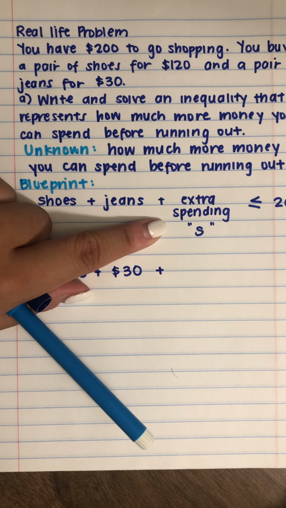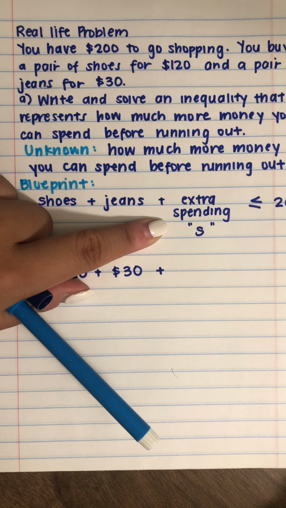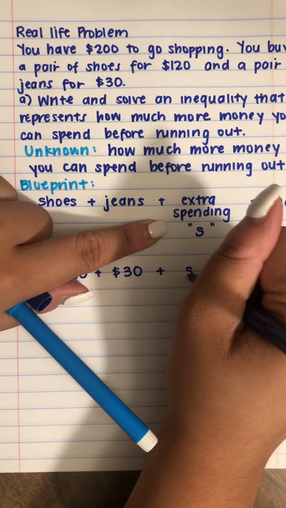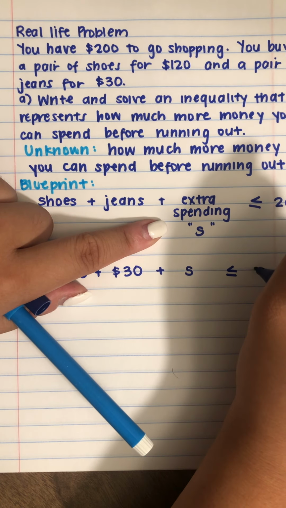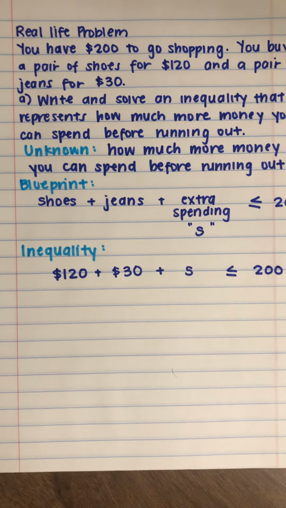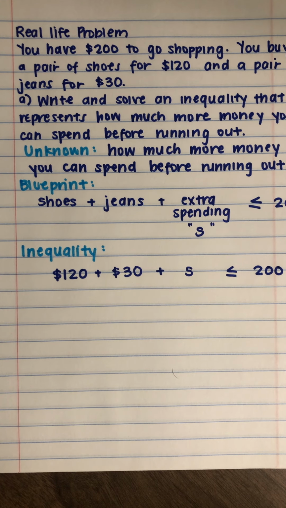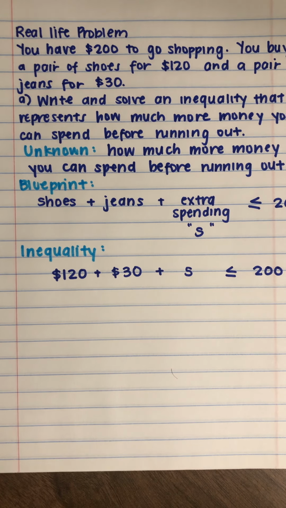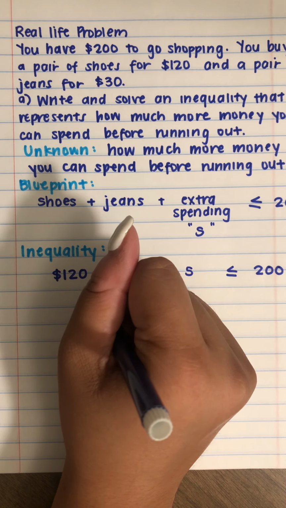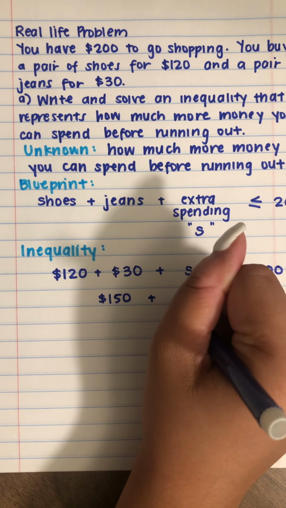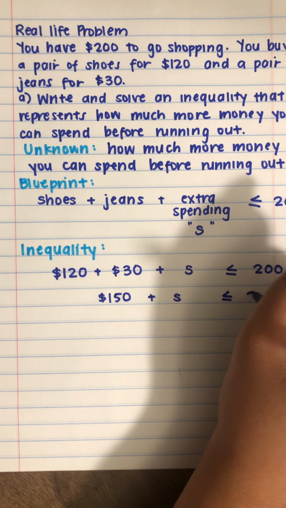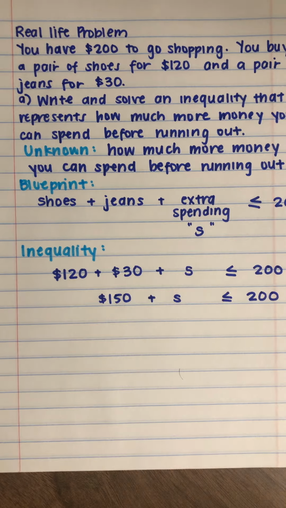Again, this is our unknown, so we don't know how much money we can spend, so we're going to put S. And again, it's going to be less than or equal to 200. We can go ahead and simplify this, so we'll have 150 plus S is less than or equal to 200.